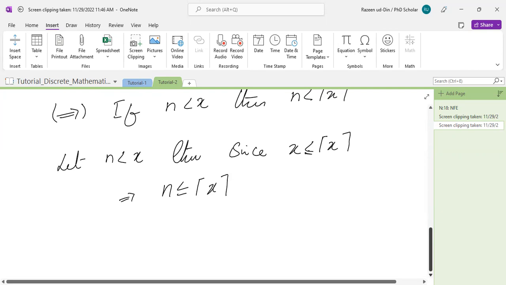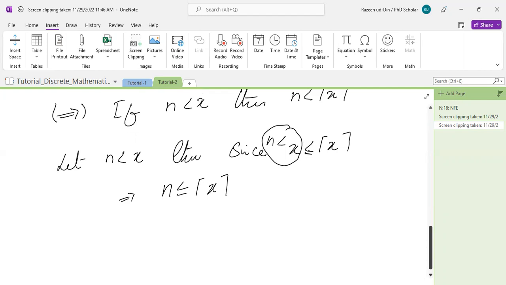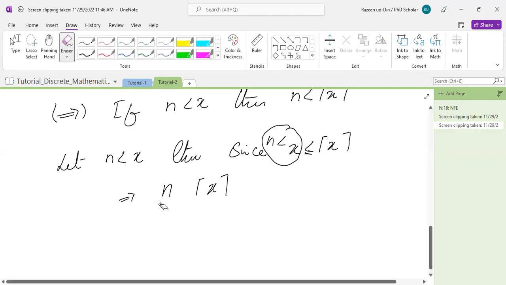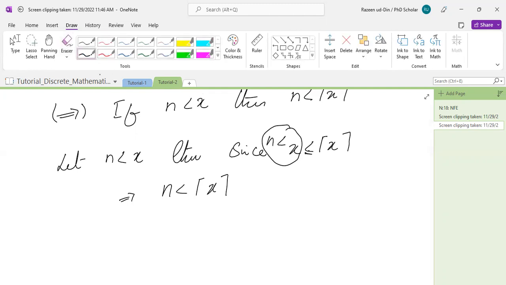Okay, because we take this as n is less than x, and x is less than or equal to ceiling of x, and since there is a strict inequality, it remains strict.